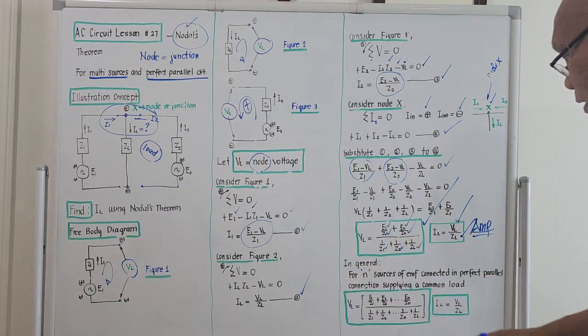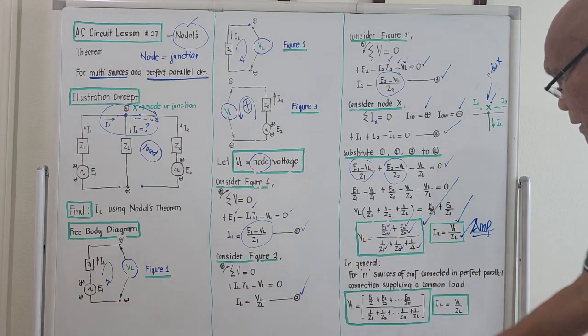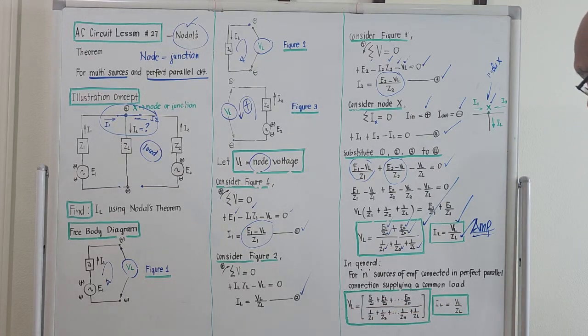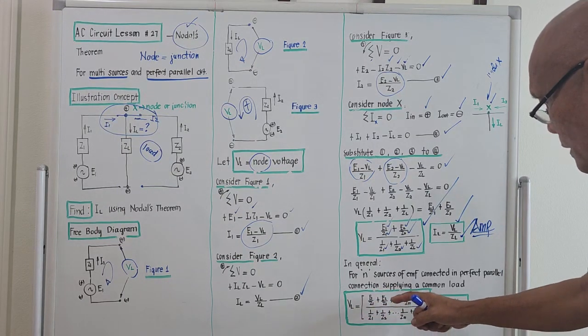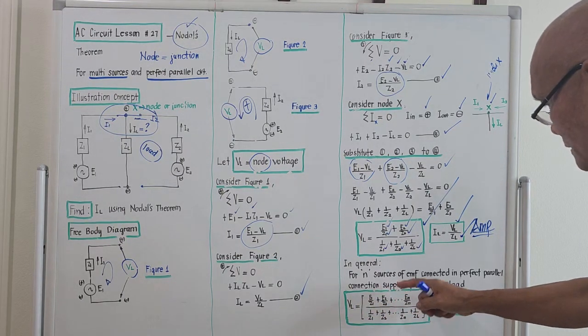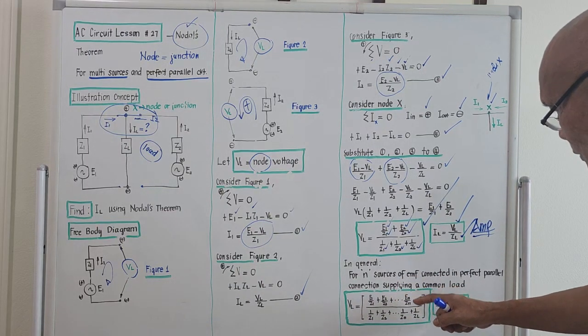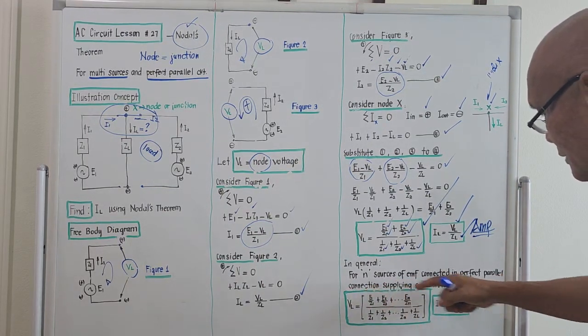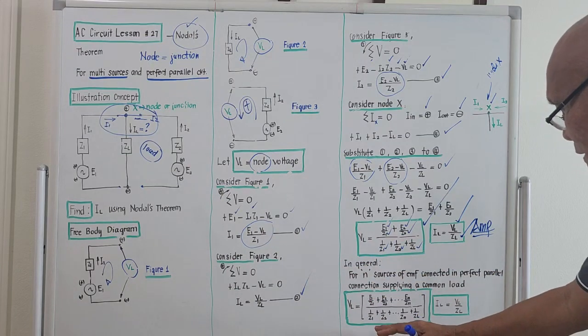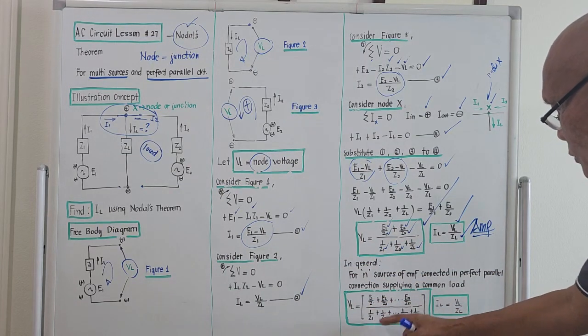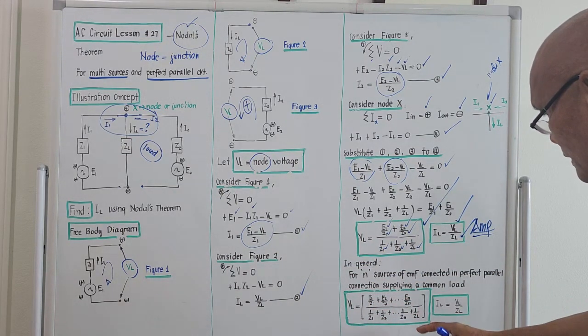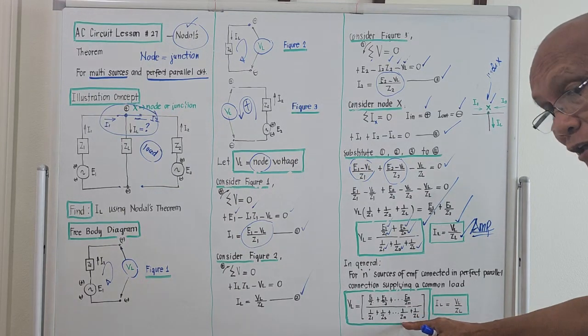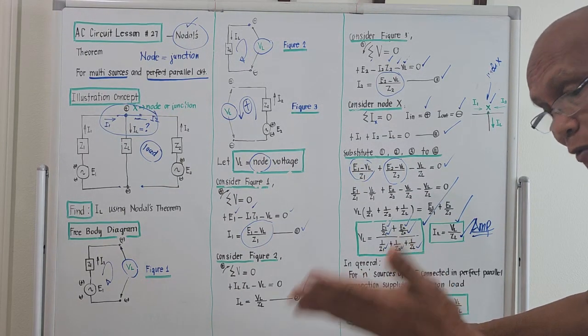So in general now, if there are n sources of EMF, BL should be equal to E1 over C1 plus E2 over C2 plus dot dot dot E sub n over C sub n, that's the total numerator, all over the denominator, which will be 1 over C1, 1 over C2 plus dot dot dot, depending on how many is the number of n.